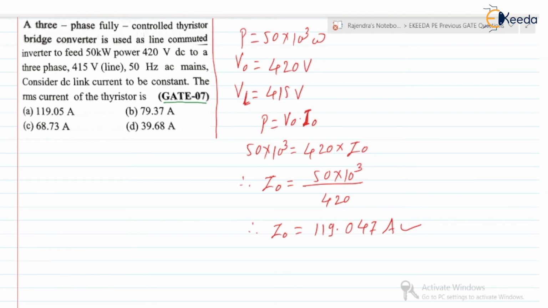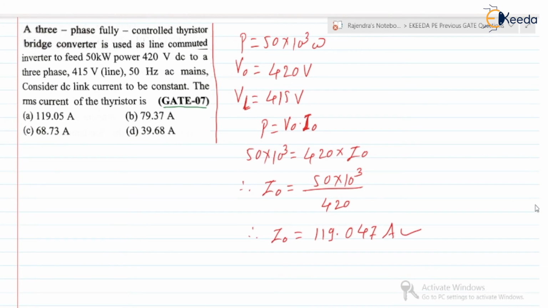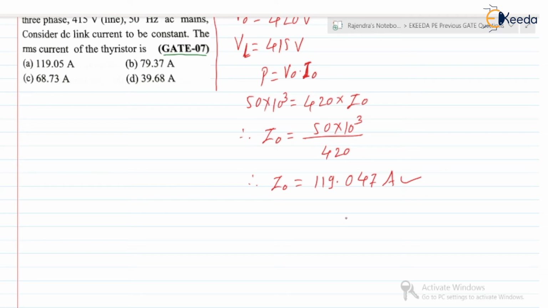Now, in a 3-phase 6 pulse rectifier or in an inverter also, any switch or any thyristor conducts for 120 degree.